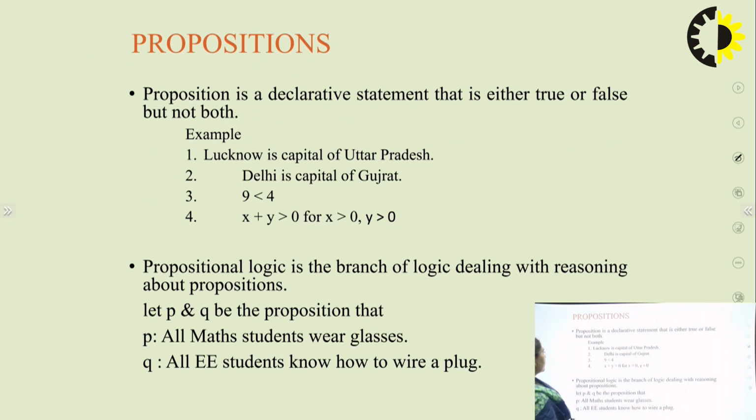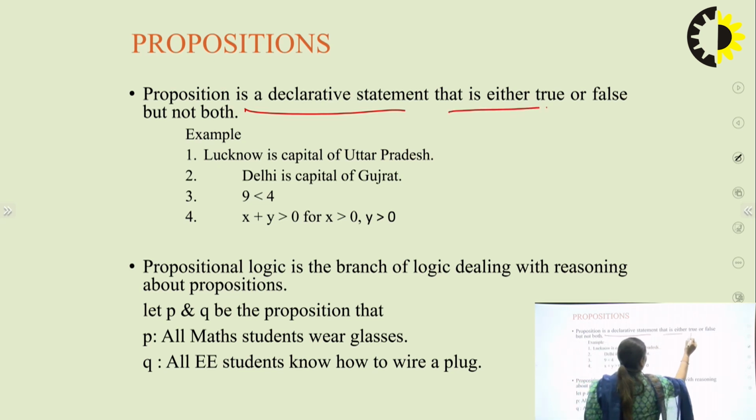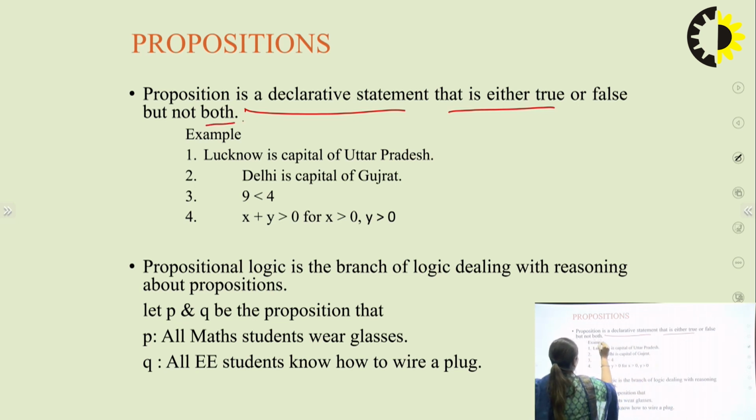Now see, there are certain propositions. A proposition is a declarative statement for which we have to check whether it is true or false, whether it is valid or invalid. A proposition is a declarative statement that is either true or false, but not both. A thing can be true or false, but it cannot be both at the same time. Now, let's see.